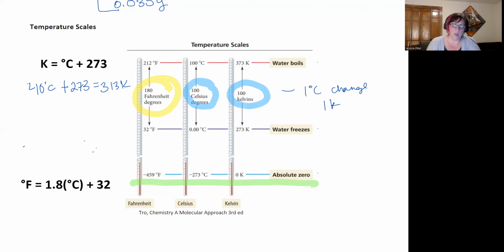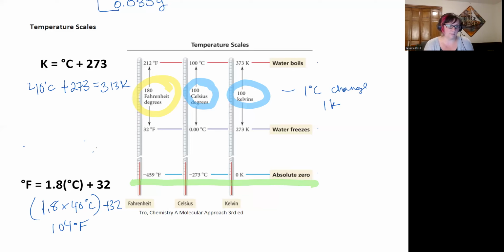And if I had degrees Fahrenheit, I would have to do something a little bit more complicated, just for the fact that a degree Fahrenheit is fundamentally different in scale compared to a degree in Celsius. Here it would be multiplying 40 degrees Celsius by 1.8, and then adding 32, which would be 104 degrees Fahrenheit.